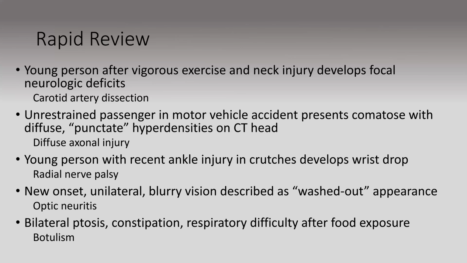The ptosis is telling you that it's progressing from top to bottom. It starts at the head and progresses downwards, sort of like myasthenia. Constipation tells you about the anti-muscarinic symptoms, right? The parasympathetic system helps you move your bowels, and constipation occurs when you block that system. And then respiratory difficulty as well, because you need acetylcholine to move the diaphragm.